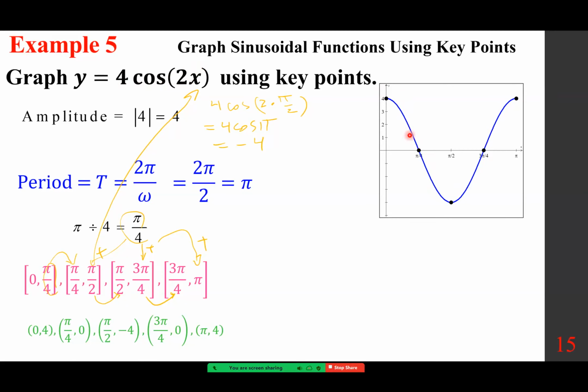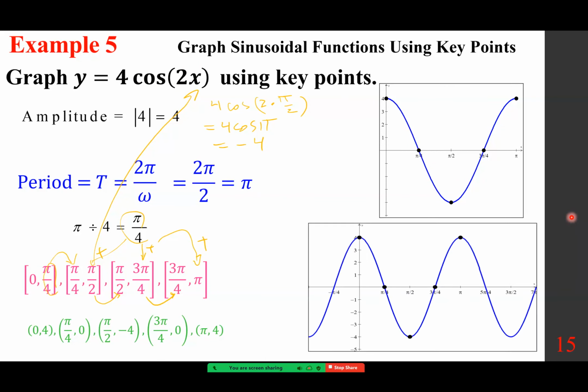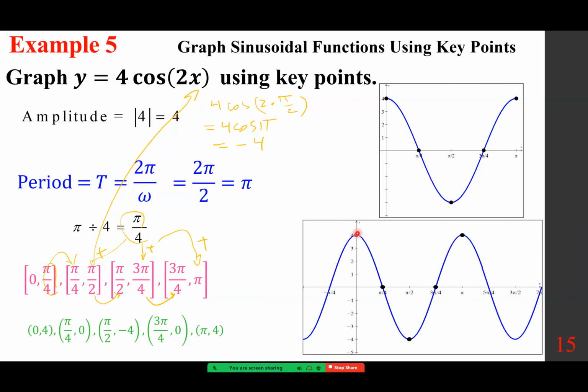Now we are going to continue indefinitely on the left and on the right, and it will look like this. So we have a complete cycle. We add the same thing to the right and left indefinitely. That's unless they ask you for a complete cycle. And many times that's what you may have to answer. But as long as you can answer that, you can answer anything else.